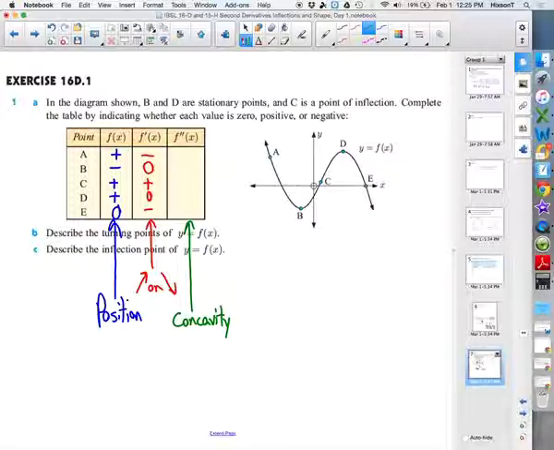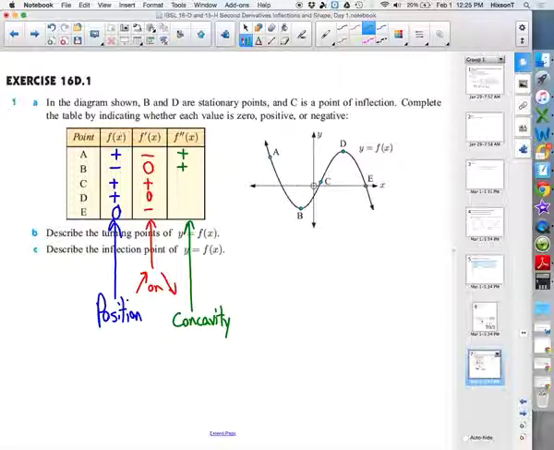Positive. As you're approaching a minimum point, and just after you get past a minimum point, you're going to be concave up. Now, let's look at B. At the minimum point, it's still going to be positive. We're concave up at a min point.